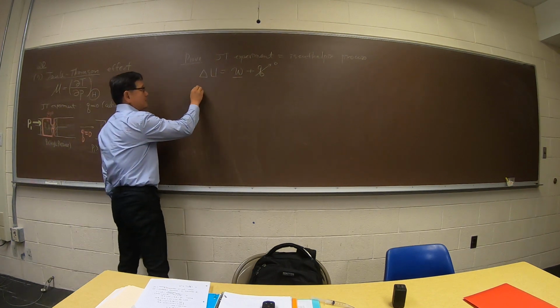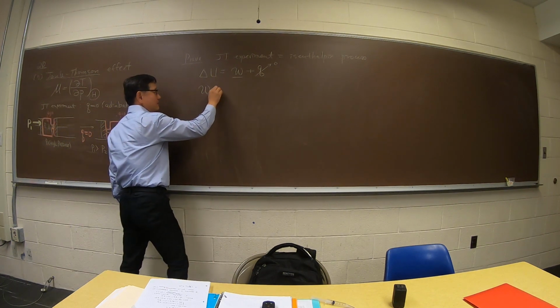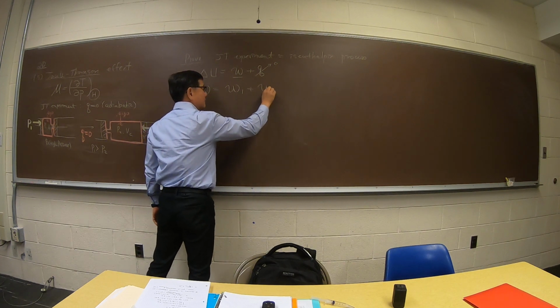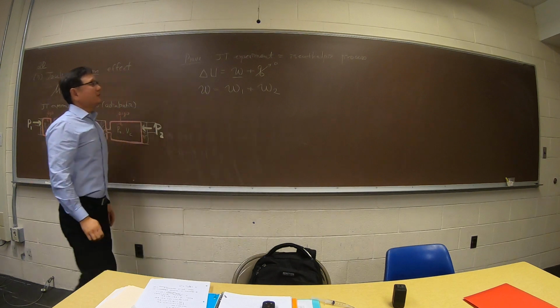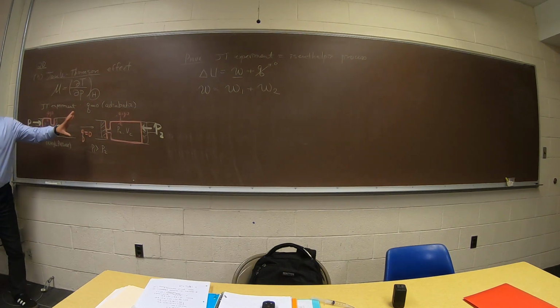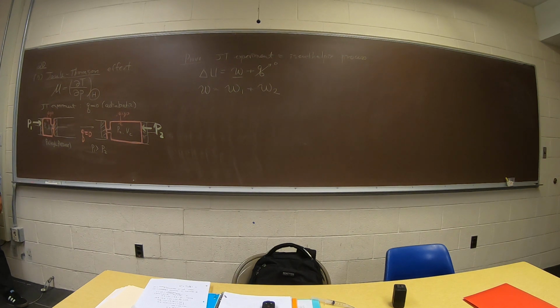Now the work for this Joule-Thomson experiment can be defined as work 1 and work 2. Work 1 is the work on the left-hand side, work 2 is on the right-hand side. What do you think about the work? When the pressure is being pushed on this system, is it positive or negative?